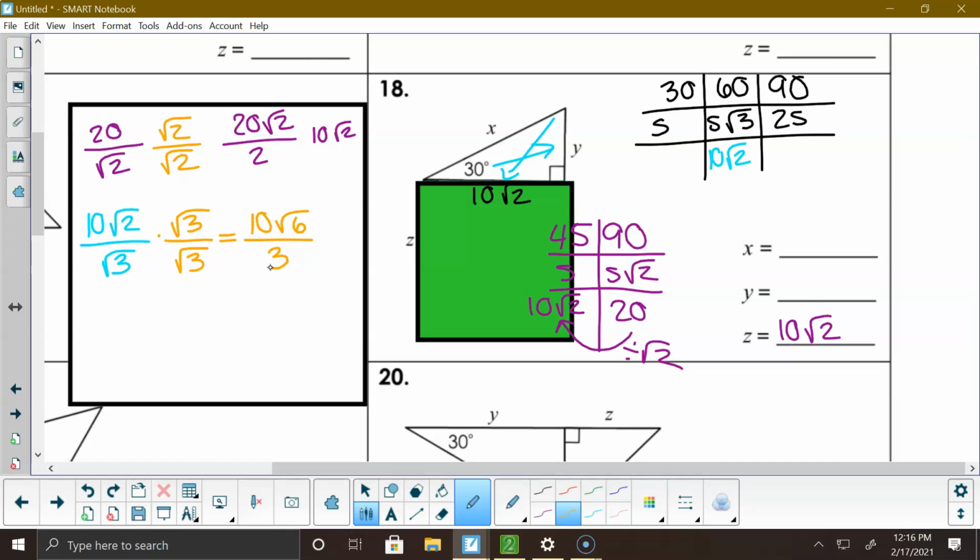Just use it. Alright, so that means y is 10 root 6 over 3. And then to get to 90, what do I have to do to my 30? Yeah, by what? Well, guess what? It's just going to be 20 root 6 over 3.